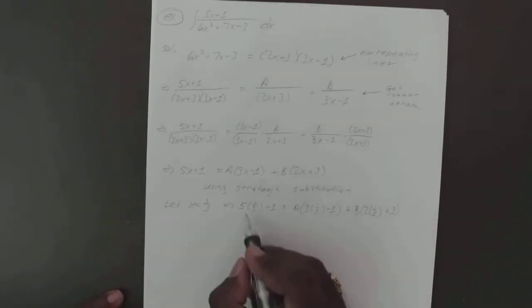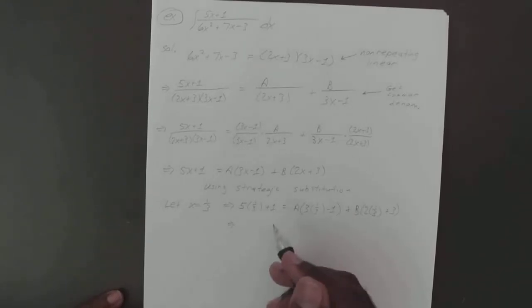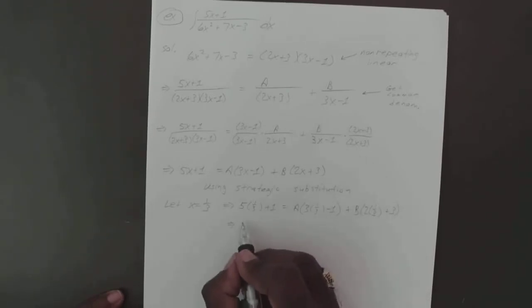Okay, so 5 over 3 plus 1. So 5 over 3 plus 3 over 3 will give you 8 over 3.